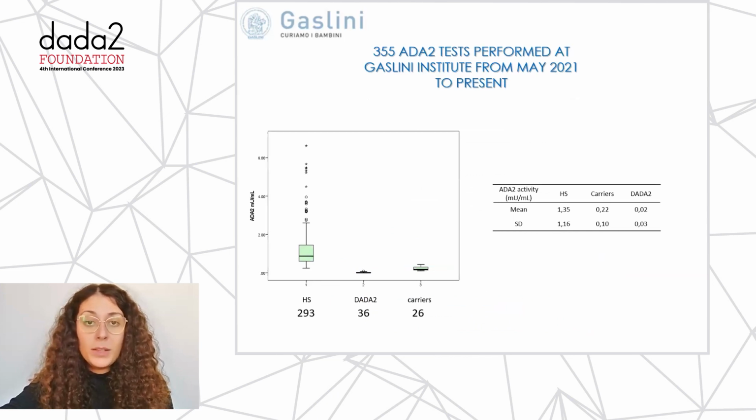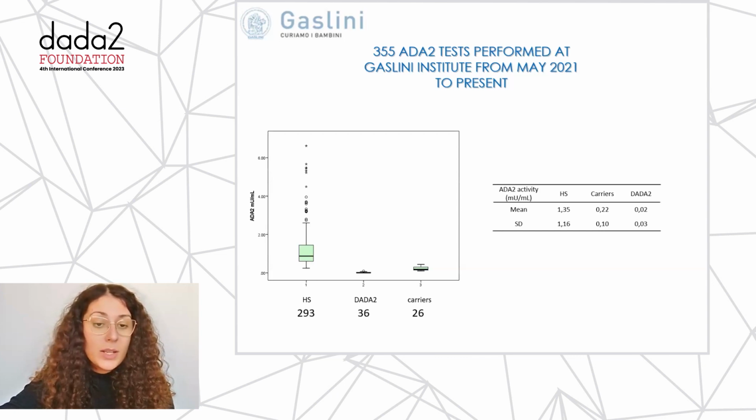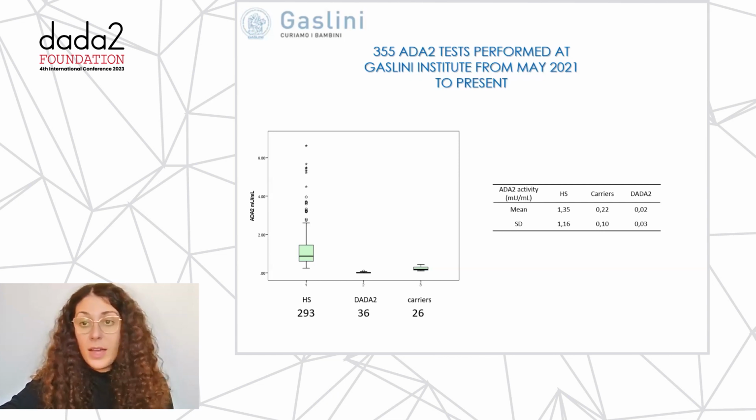From May 2021, we performed 355 ADA2 tests. And here you can see the box plots for the three groups, which are the subjects with a normal ADA2 activity, the DADA2 patients, and the carriers.